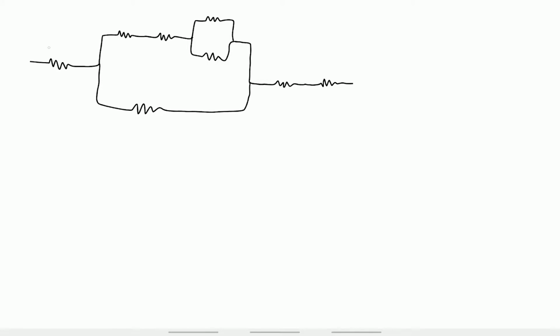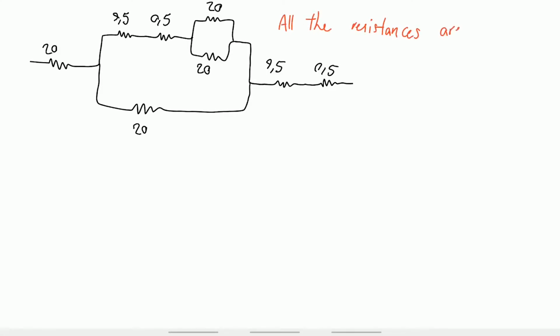In this part, I would like to calculate the total resistance of the circuit. Now this is the schematic of the resistors, and we want to simplify this circuit.